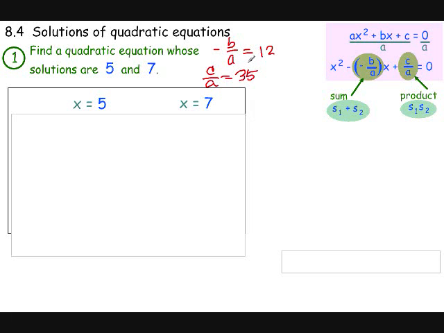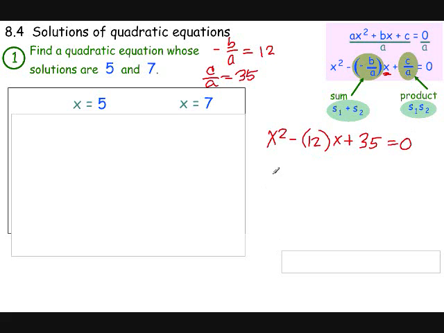So how about I just pop those in? So I've got x squared minus my negative b over a turned out to be 12x. I'm so tempted to forget this. I hope you don't make that mistake. Plus c over a, which is 35, equals 0.